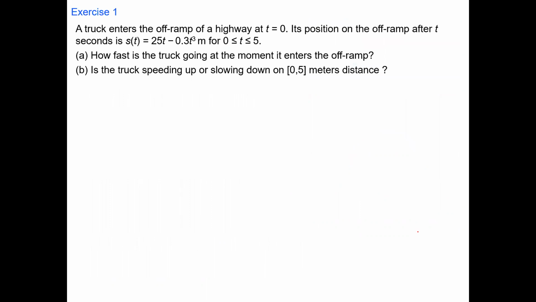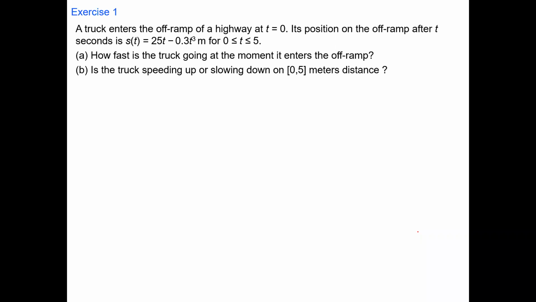Okay, let's see. A truck enters the off-ramp of a highway at t equals 0. Its position on the off-ramp after t seconds is defined as s of t equals 25t minus 0.3t cubed meters, on the interval from 0 to 5 seconds.